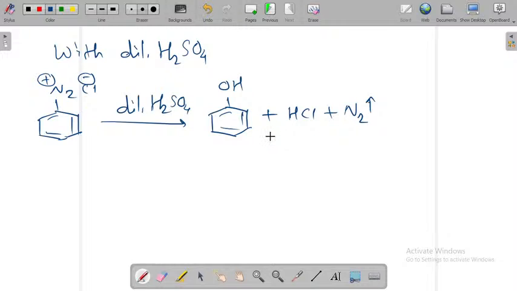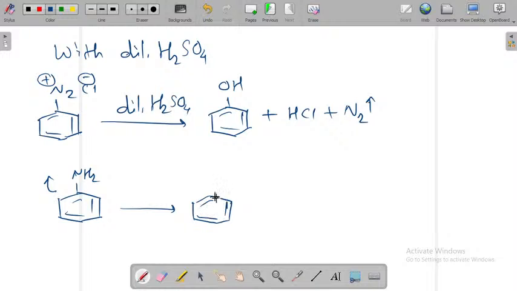Ultimately, if you see this reaction, the NH2 group is converted, since this benzene diazonium chloride is formed with the help of aniline. So you are preparing phenol from aniline.